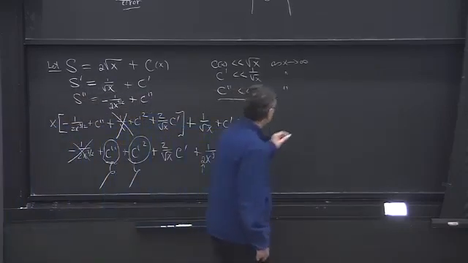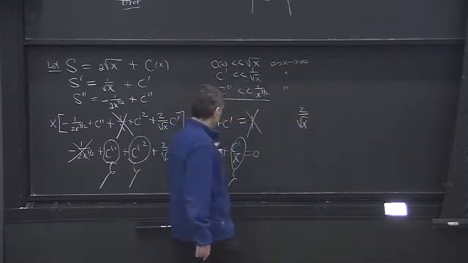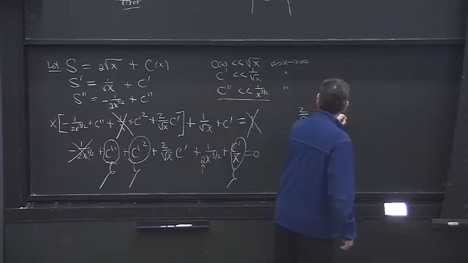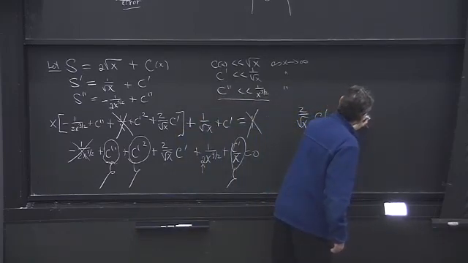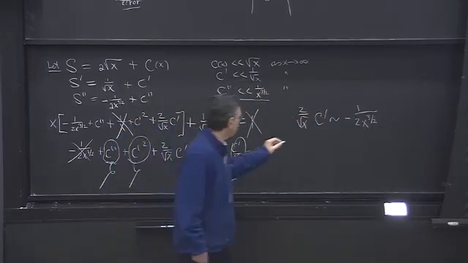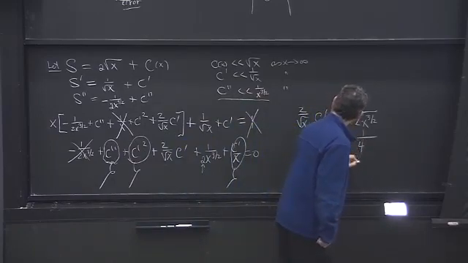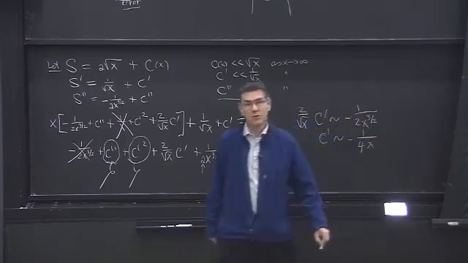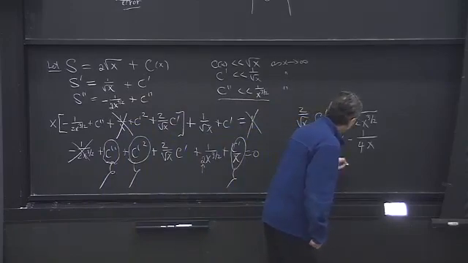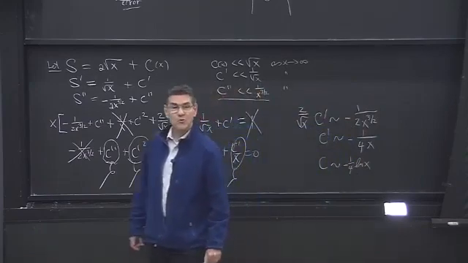All that I'm left with is an equation that says 2 over the square root of x times c prime is asymptotic to minus 1 over 2x to the 3 halves. That's the equation that we have to solve. So c prime is asymptotic to minus 1 over 4 x. That's all. So c is asymptotic to minus 1/4 log of x. Great.